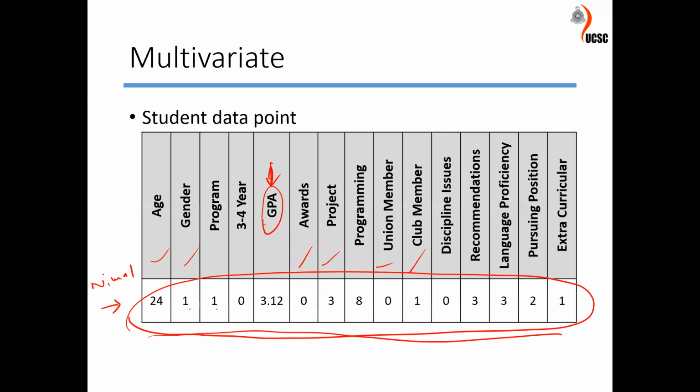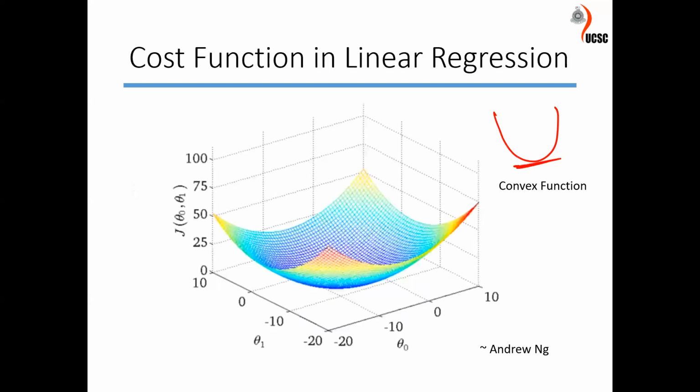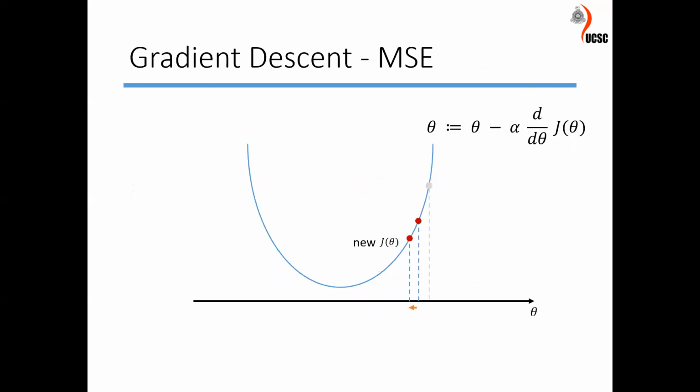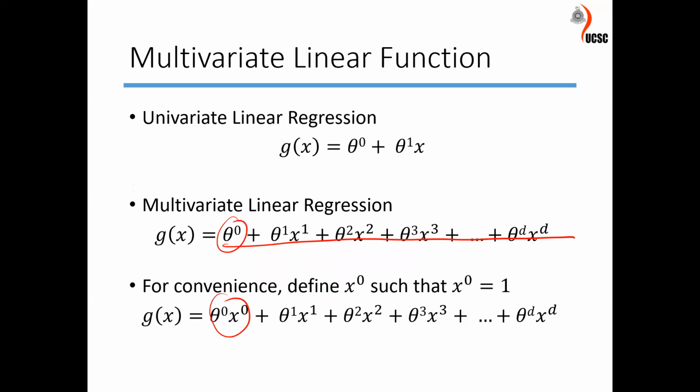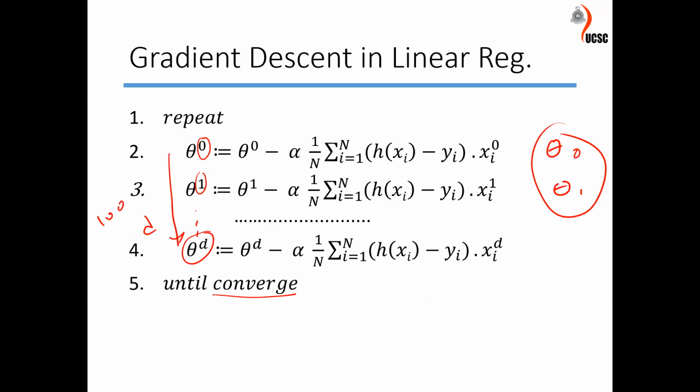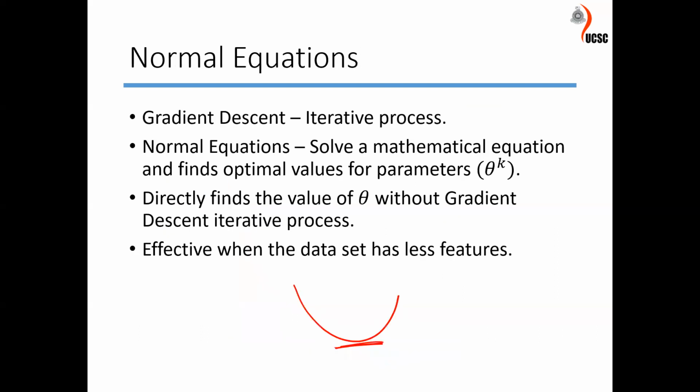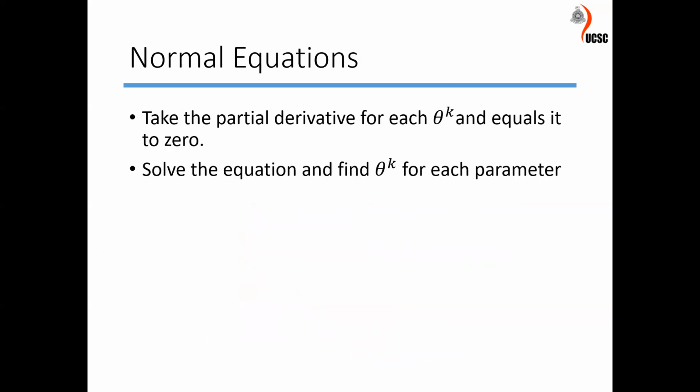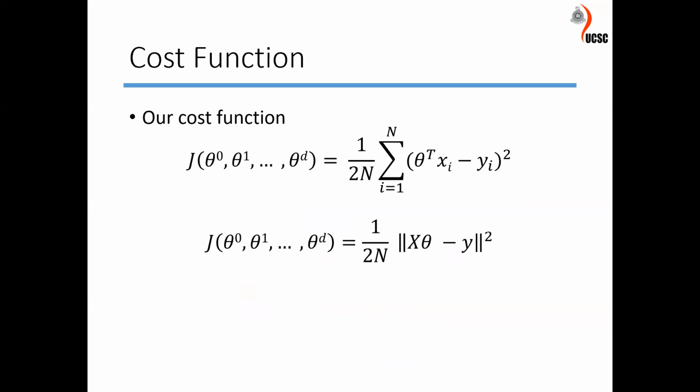So we started from the multivariate linear regression, and we did some mathematics. It has the same kind of thing as the univariate linear regression. Then we discussed the normal equation. We came up with a simpler form like this.